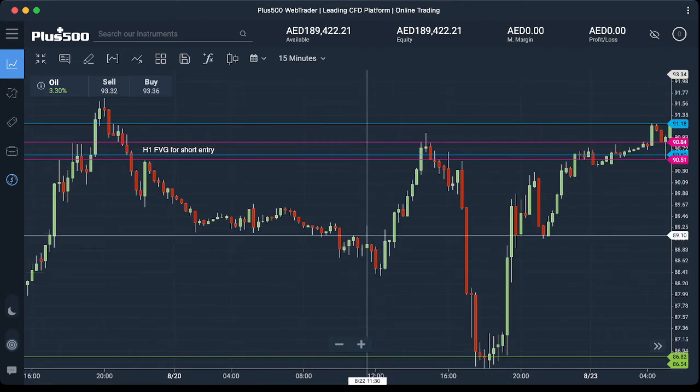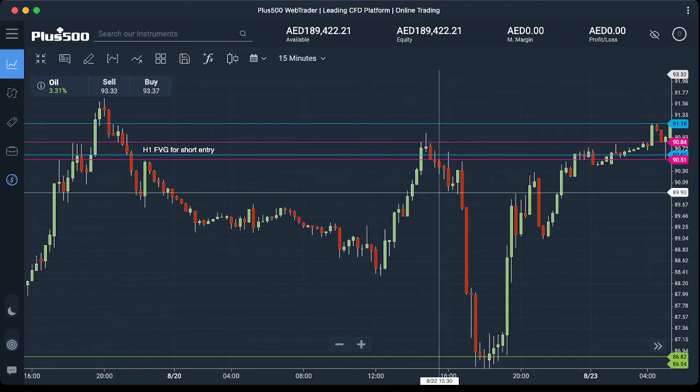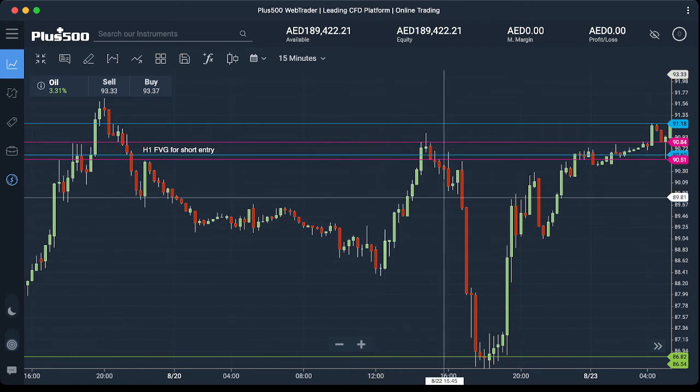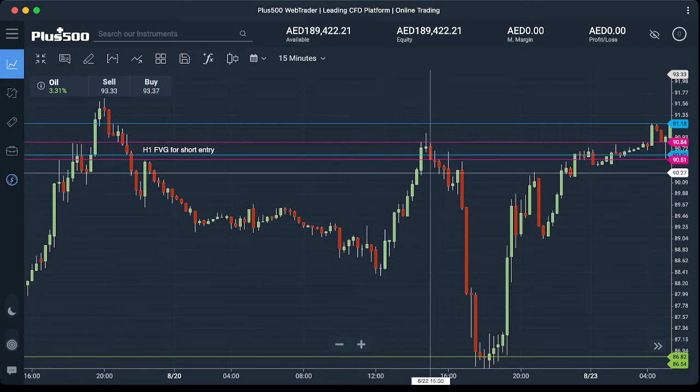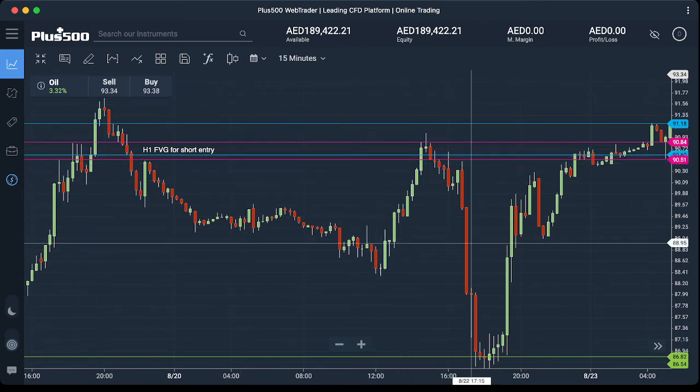From here we got this bullish price action as manipulation of the day. And then this daily fair value gap is actually playing an important role, and you can see multiple times it got rejected and showed price reactions.